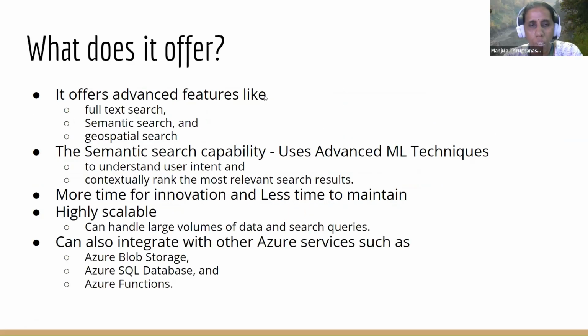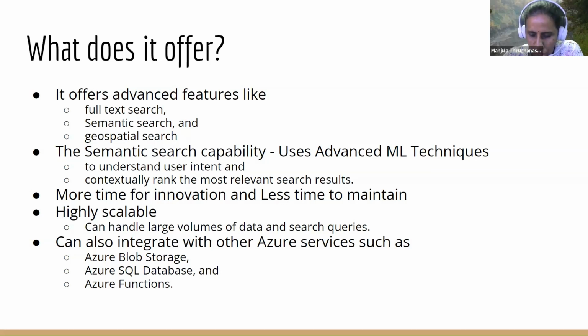So what does it offer? It offers advanced features like full text search, semantic search, and geospatial search. The semantic search uses advanced ML techniques to understand the user intent, that is, what the user really wants to search for.